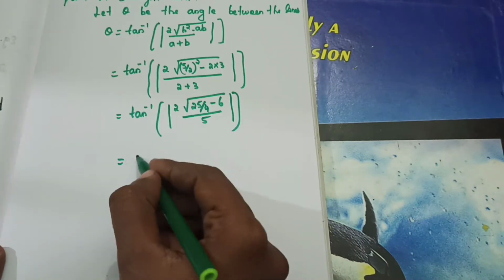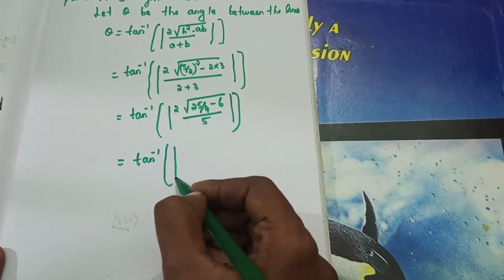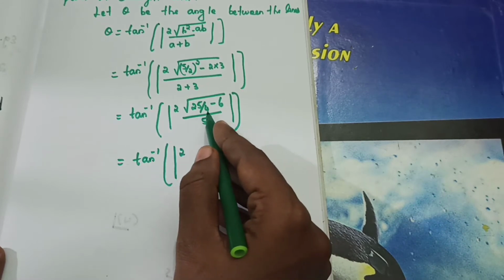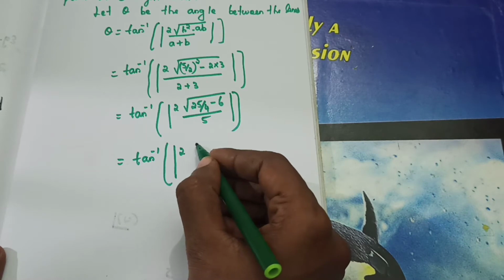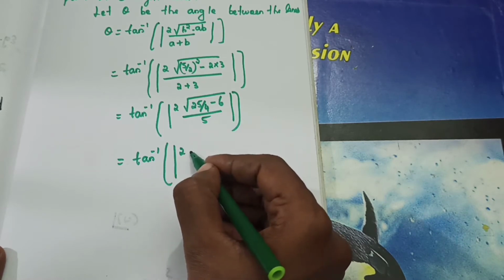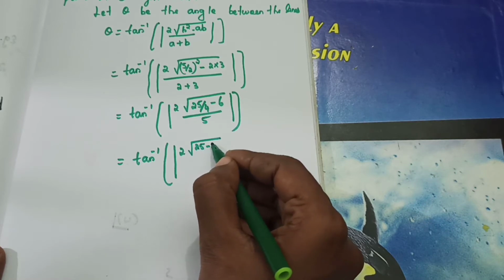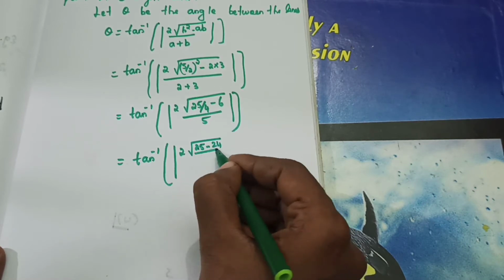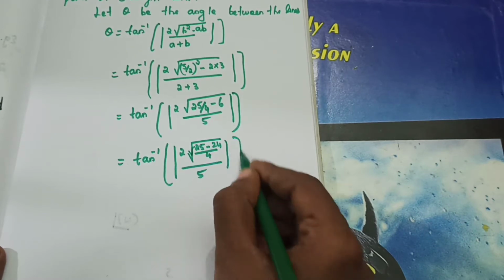That's equal to tan inverse of modulus 2 into 25 by 4, is it right? So 25 by 4 means you take the LCM and simplify, then only it will be easy for you. So 25, 6 4s are 24 divided by 4. It is inside the square root, divided by 5, mod close.